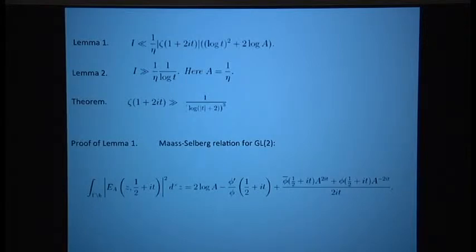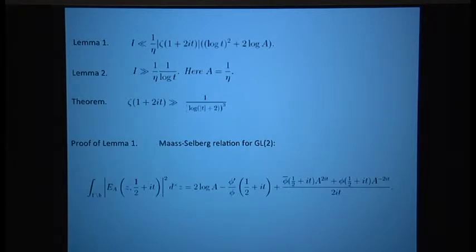A is a power of t. And he has a lower bound, 1 over eta, times 1 over log t. So comparing the lower bound and the upper bound, we have the theorem: the lower bound of zeta is 1 over log t cubed.